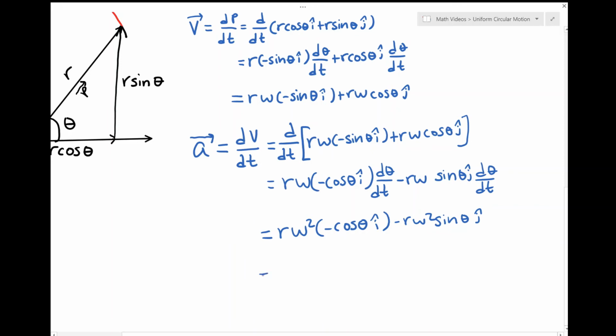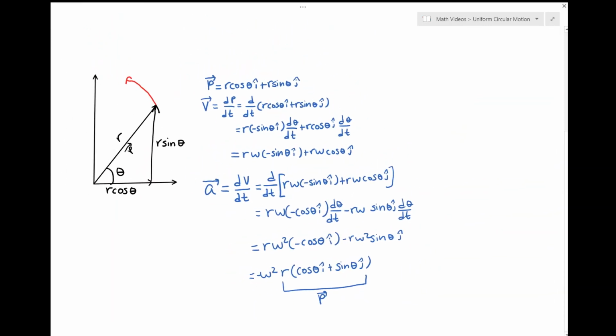And we can factor this to get negative omega squared R times cosine theta i hat plus sine theta j hat. Now, if you notice, this whole part here is our position.